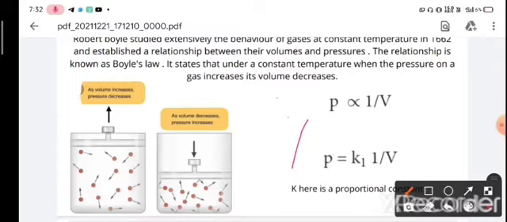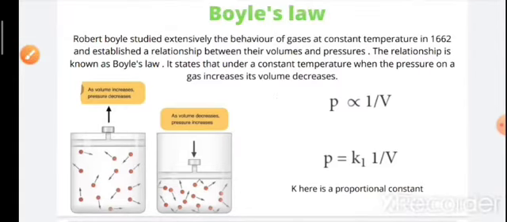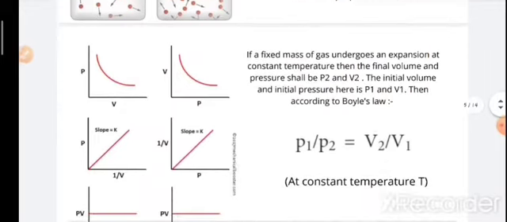As soon as we start pushing the piston downwards, the molecules start colliding with each other and the pressure increases. As we push the piston down, the volume of the gas decreases. This shows an inverse relation between pressure and volume. Do you understand this?